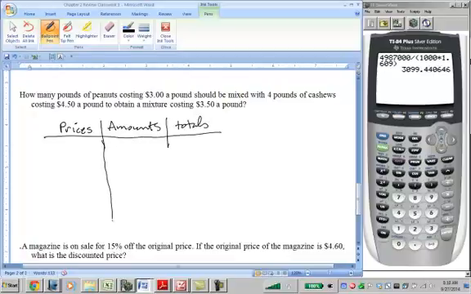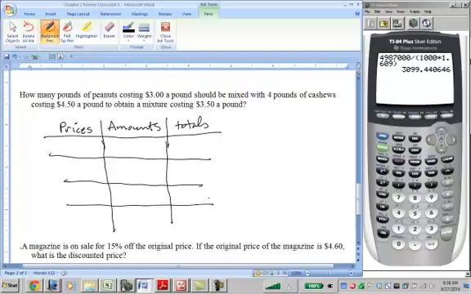Okay, so let's bring this down. Okay, so first price we have how many pounds of peanuts. Here, let's just write pounds of peanuts, like with amounts.